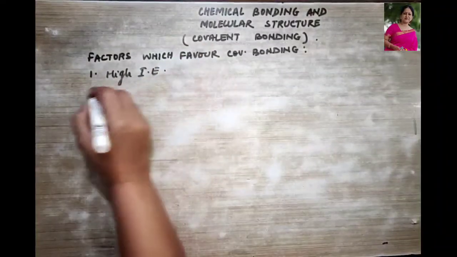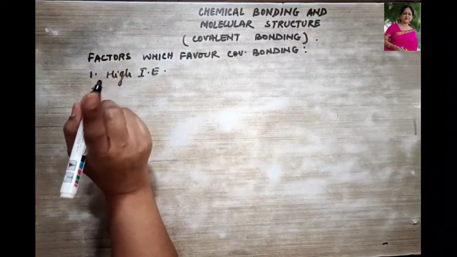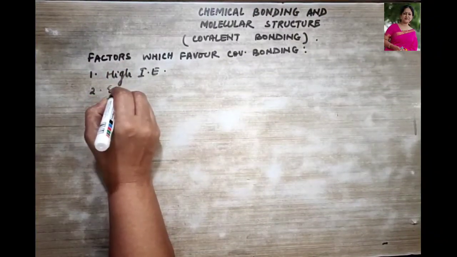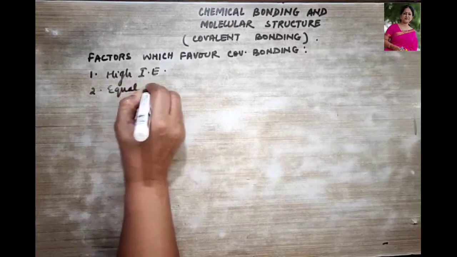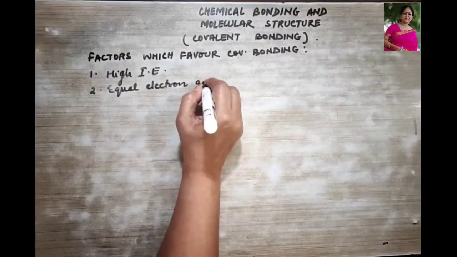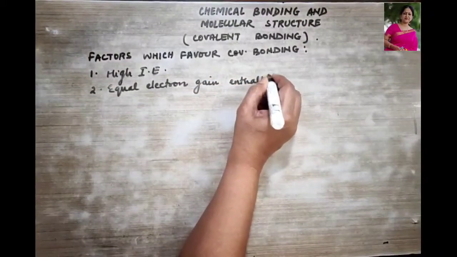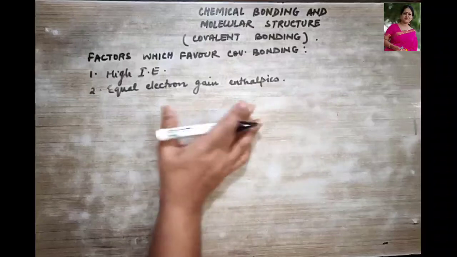Then the second point is equal electron gain enthalpies. What do we understand by this?